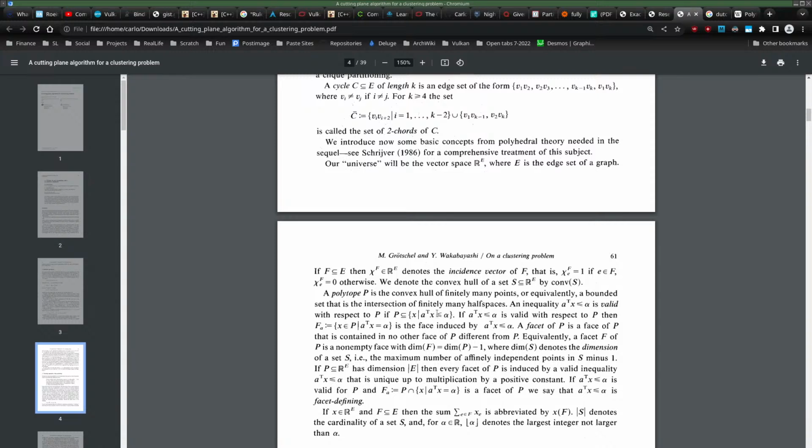So all x's that fulfill this. We have a convex polytope in our multidimensional space. We make a random cut, and if we do not cut P into pieces, but we miss it, and then all of P is on one side of that cut, that's when I call it valid.